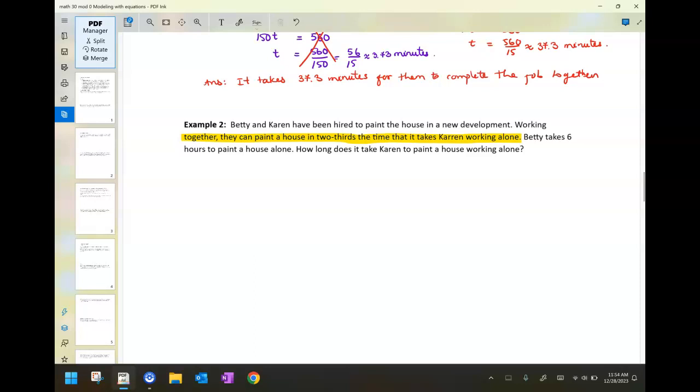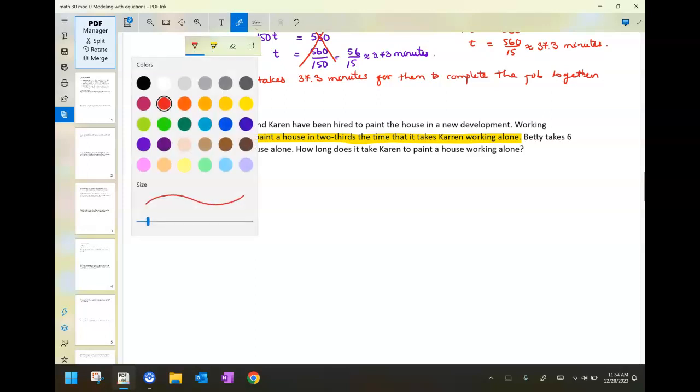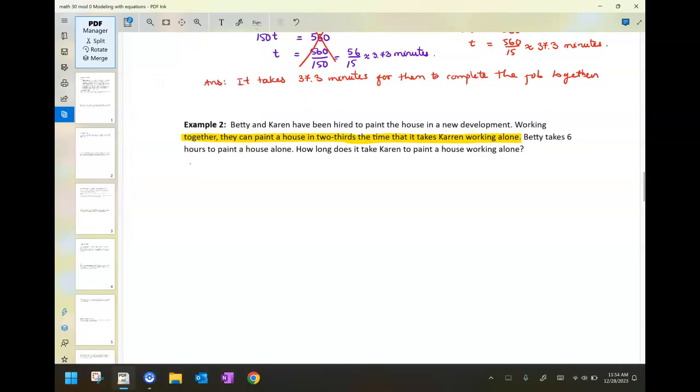We don't know how long it takes Karen to paint the house, so we go ahead and let T be the amount of time it takes for Karen to paint the house alone.